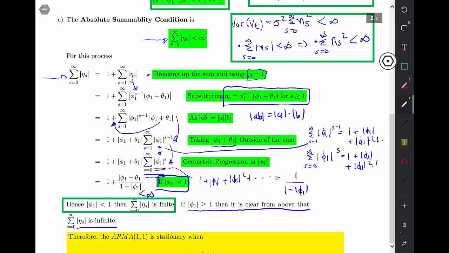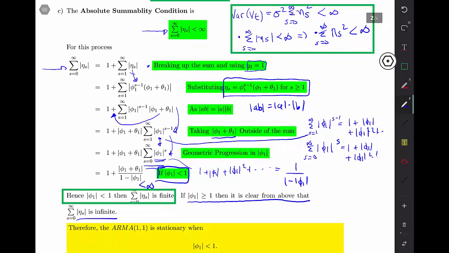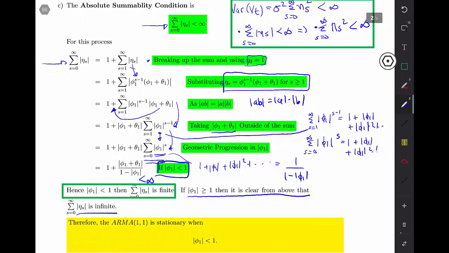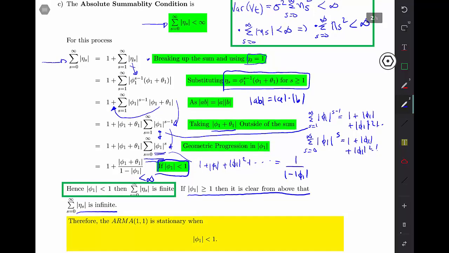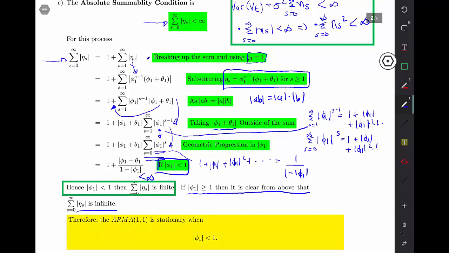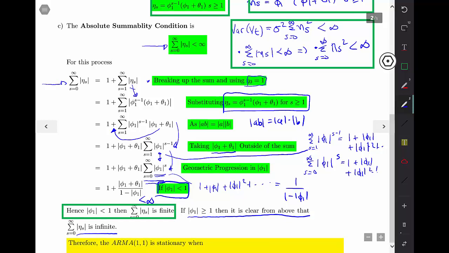We've now shown that under the condition that phi 1 is less than 1, the MA satisfies the absolute summability condition, which just means that the variance is finite, and therefore it's stationary. So then we found that the ARMA 1-1 is stationary when this phi 1 coefficient is less than 1 in absolute value, which is exactly the same condition as we needed for the AR1.